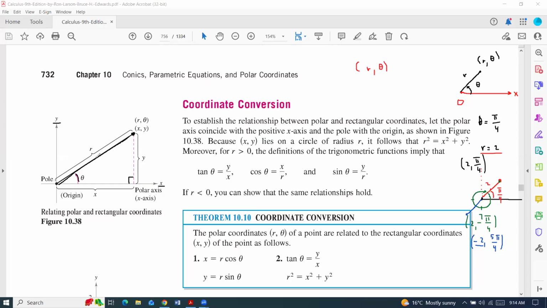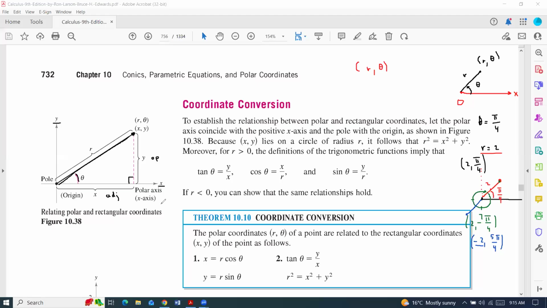Because if it's a unit circle, it's just one, but if it's whatever r is in general, then times radius r. And then you can also convert them back from Descartes xy coordinates to theta and r, so to polar coordinates, using the fact that if you again look at this right triangle, the tangent is the same as if you divided the opposite side by the adjacent side, right?